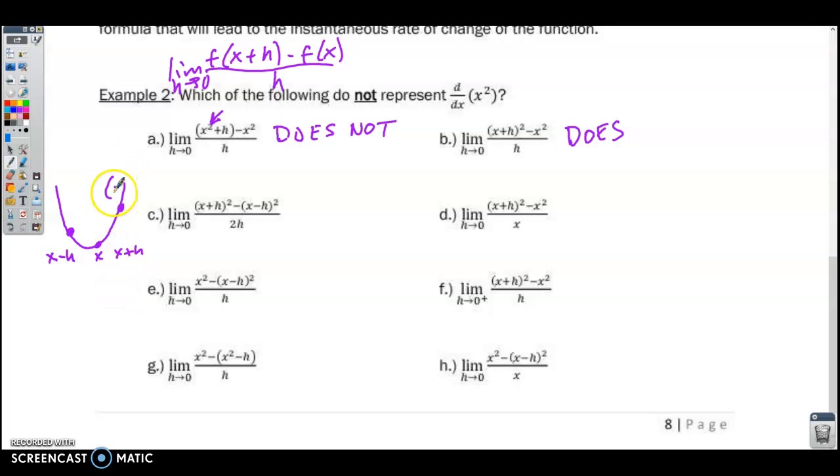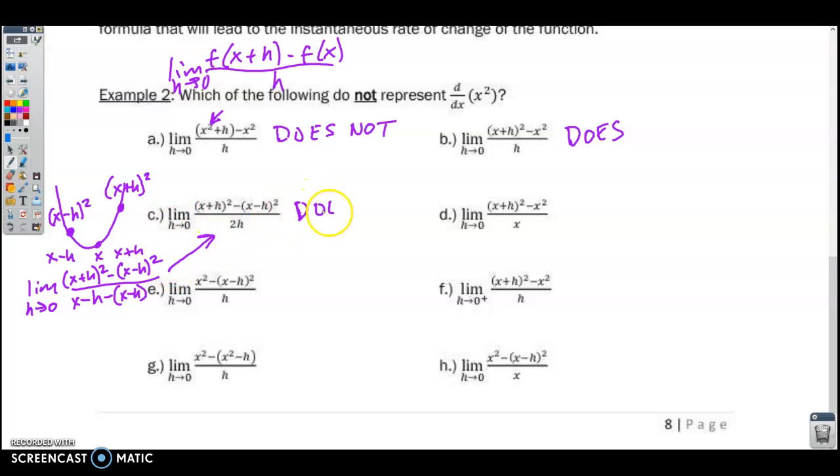If we put x plus h into the formula and put x minus h into the formula, this becomes the limit as h goes to 0 of x plus h squared minus x minus h squared all over x plus h minus x minus h, which actually simplifies to this. So this one does represent the derivative.